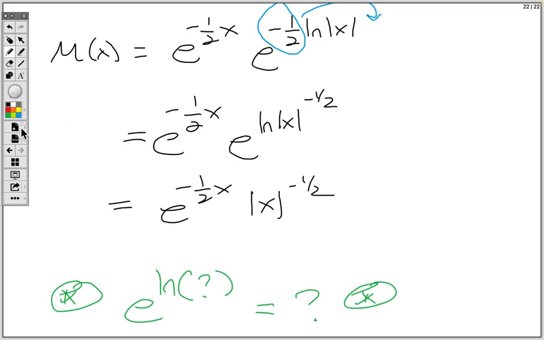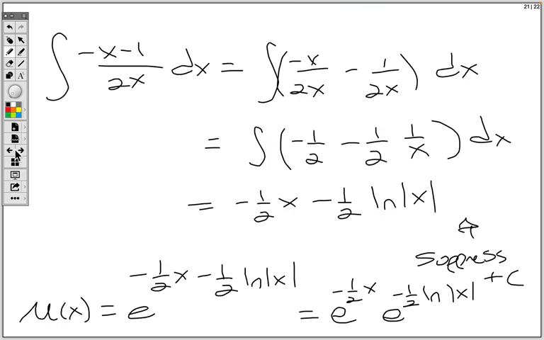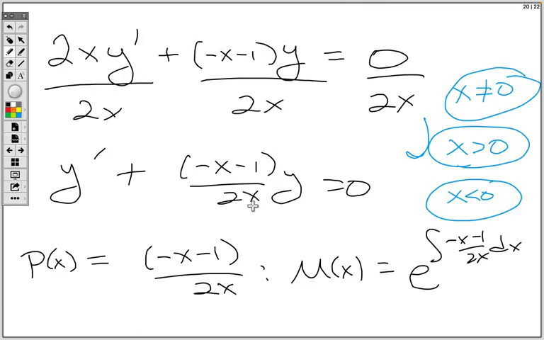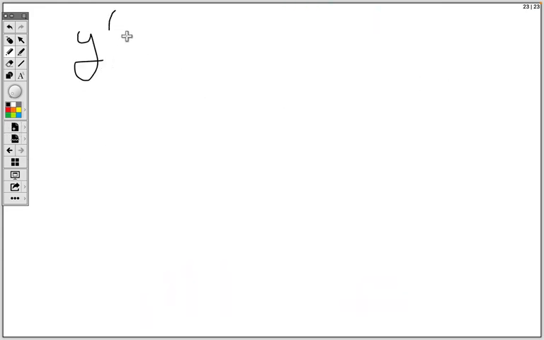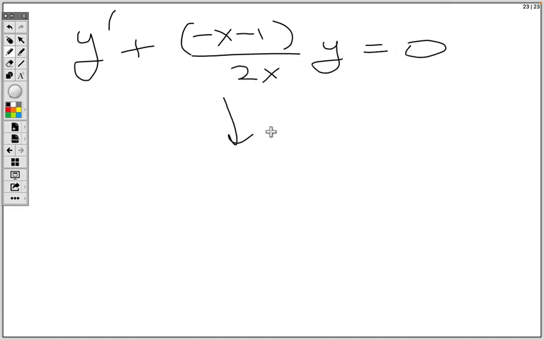Okay. So what do we do with the integrating factor? Well, it's called an integrating factor for a reason, because we multiply. So we go back to the DiffEq in the standard form, and we're going to multiply by it. So we got y prime plus the minus x minus 1 over 2x times y equal to 0. Now we're going to multiply both sides by our integrating factor.